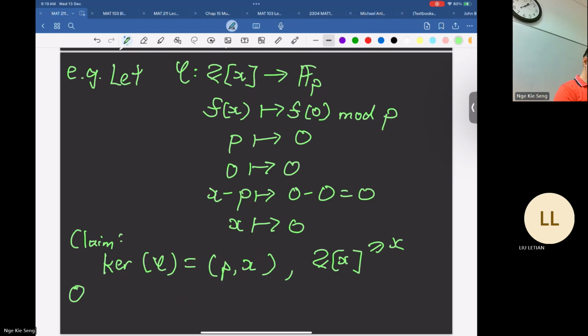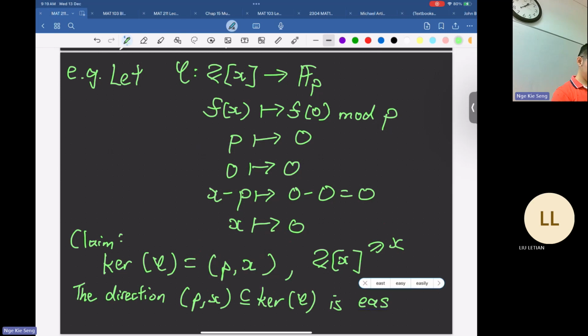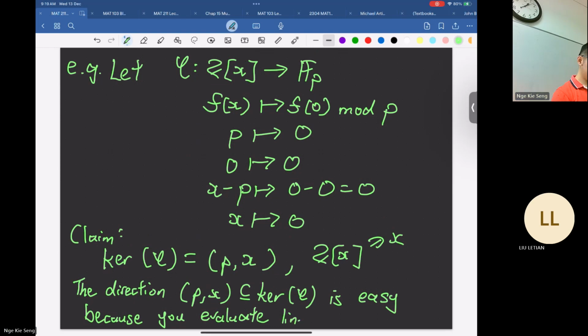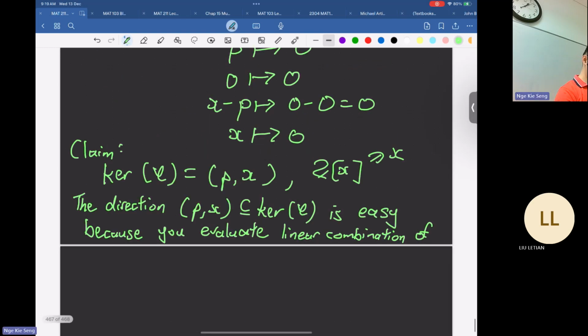Let me write it out. The direction that (p, x) is in the kernel of phi is easy. Why? Because you evaluate linear combinations of p and x under phi.